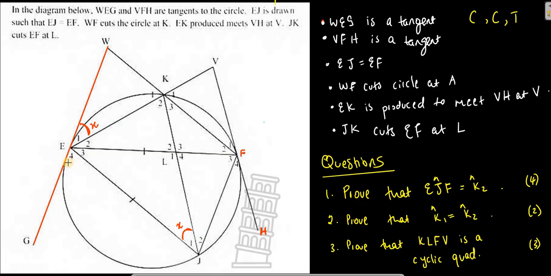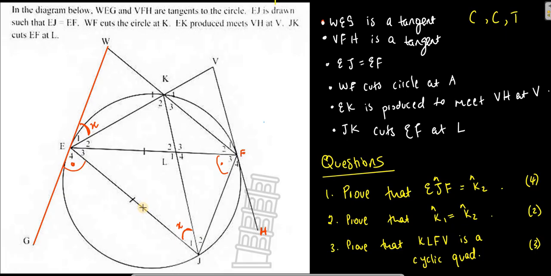Whereas E4 is gonna be equal to, I look at the chord EJ, so I move from E and J to the circumference, and then I look at the angle that is formed. So this is the angle that is formed there, so those angles are equal.